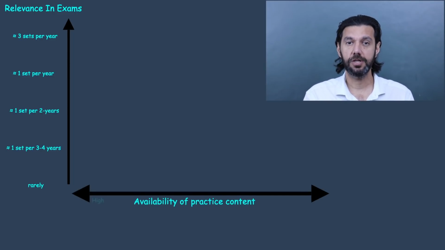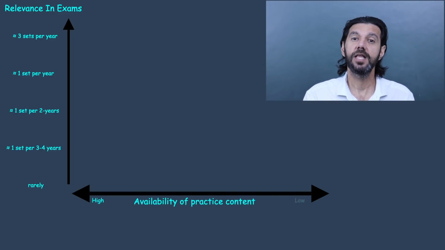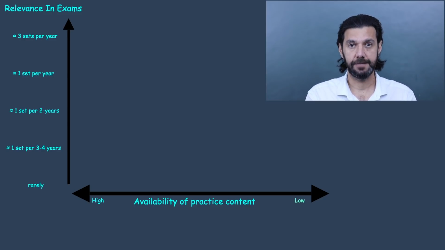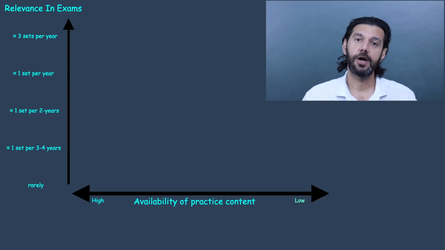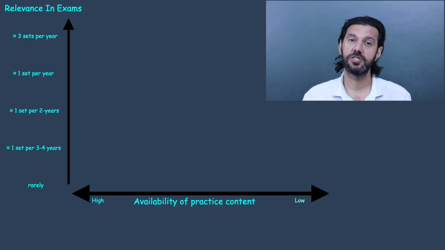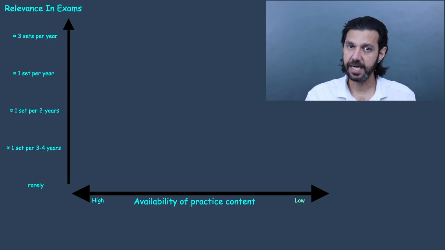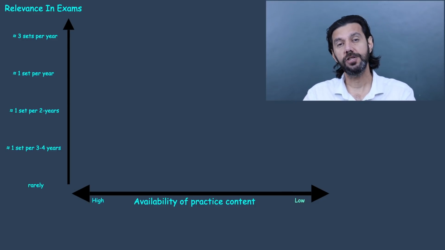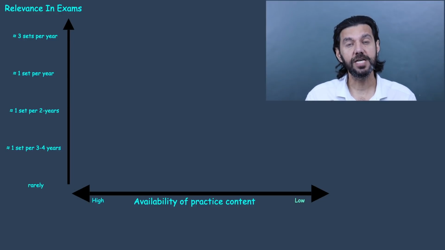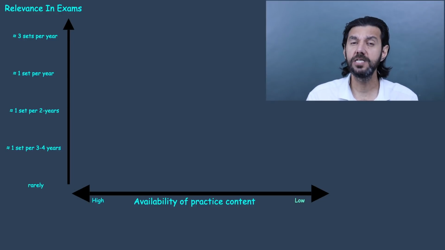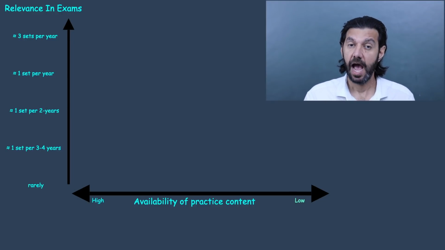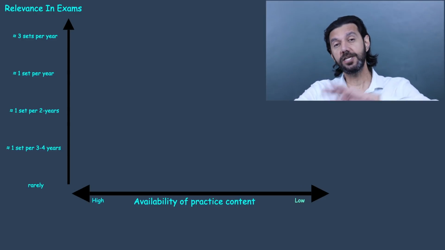Another attribute, on the horizontal scale, is the availability of content to prepare that topic. On our left, we would have topics where the content available is plenty. Where do you get this content? I'm going to talk about it. And on the right, topics where the content available is very, very less.